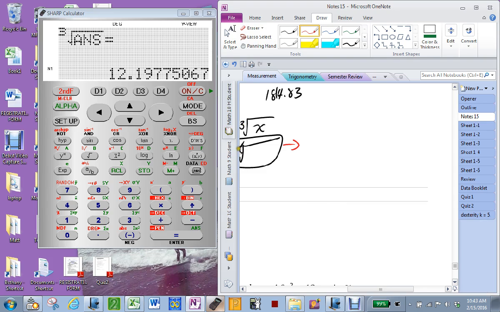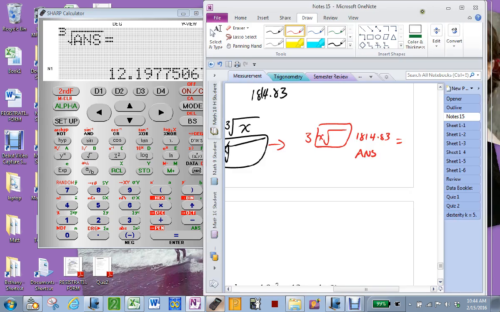I want a cube root, so you are going to hit 3. Then you're going to hit that X root button. Then you're going to hit 1814.83 or your ANS button, and then you'll probably need to hit equals. So make sure you can do that and get 12.19. You good? Everybody good? All right.